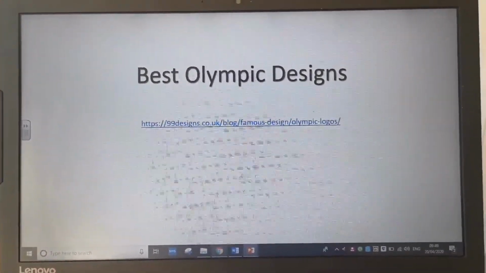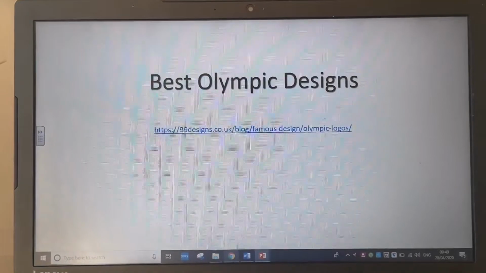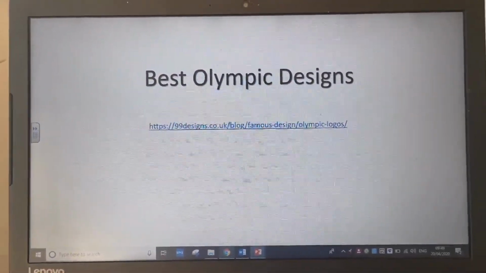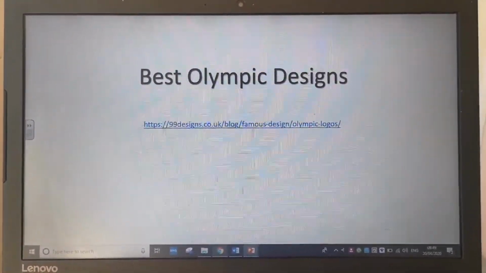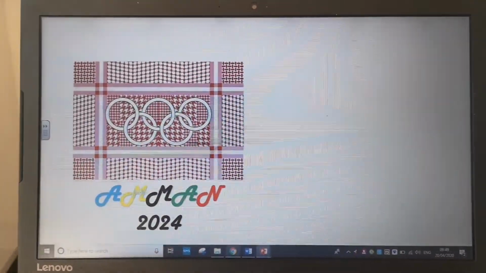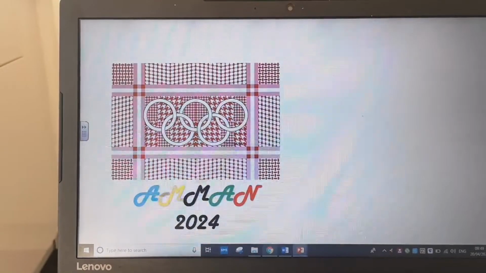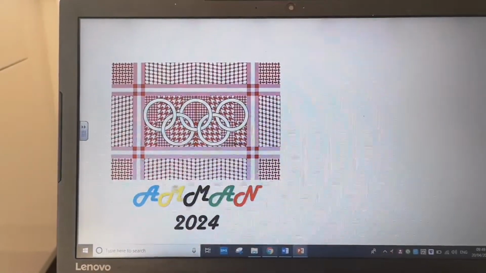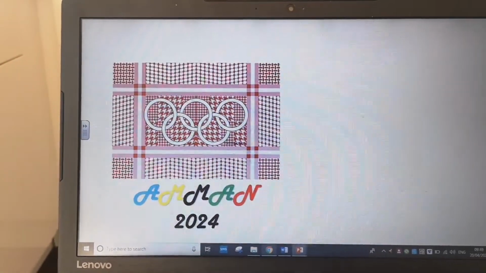Okay, so I did do some. If you want to do your designs on the computer, you can do your designs on the computer, or you can draw them. I did both, so here's one of mine. So as you can hopefully see, I've included the Olympic rings, the Olympic colours, the year, and something about the country.